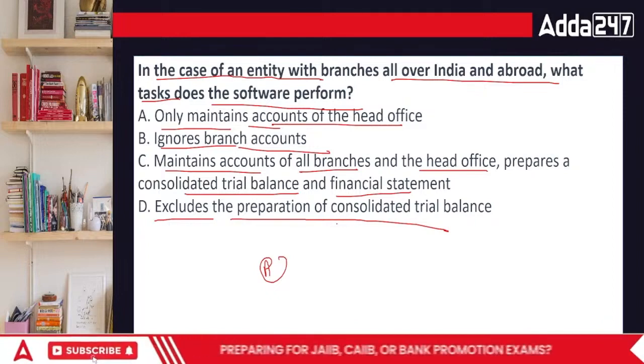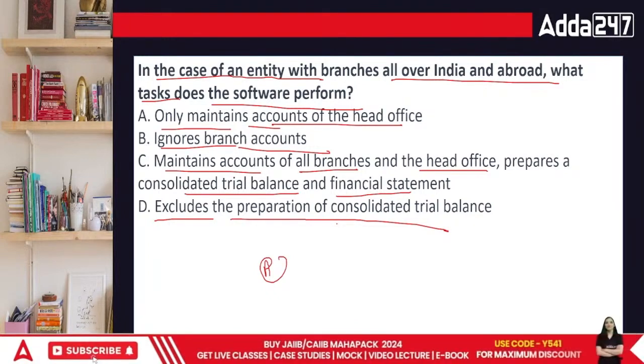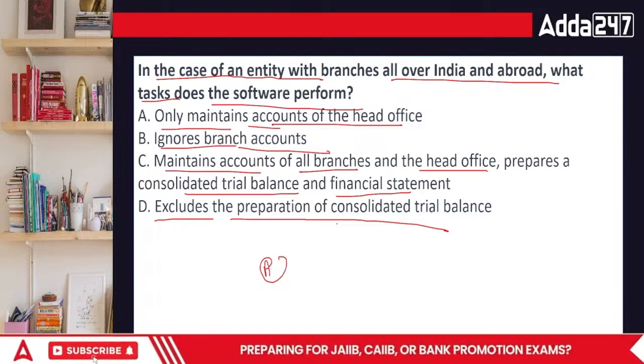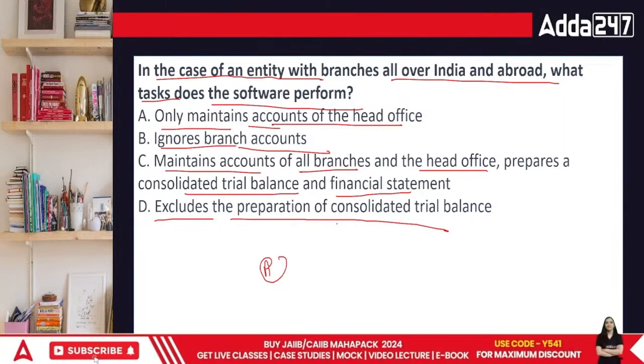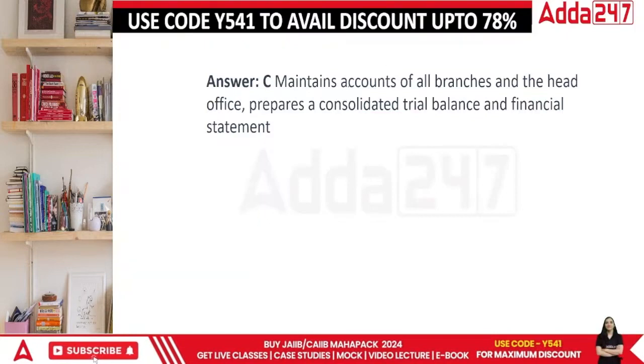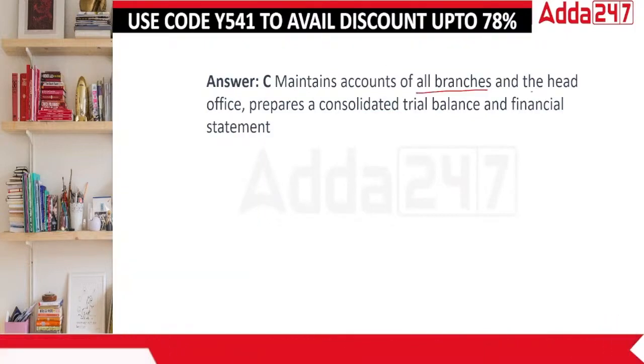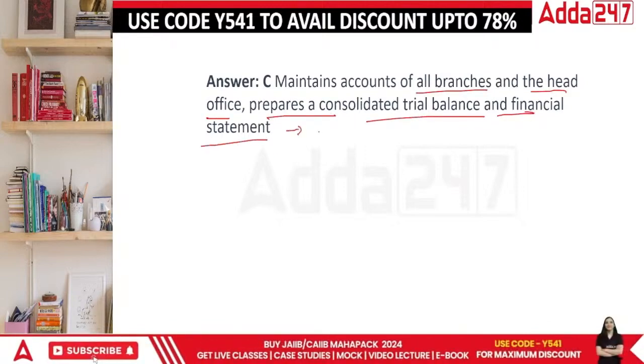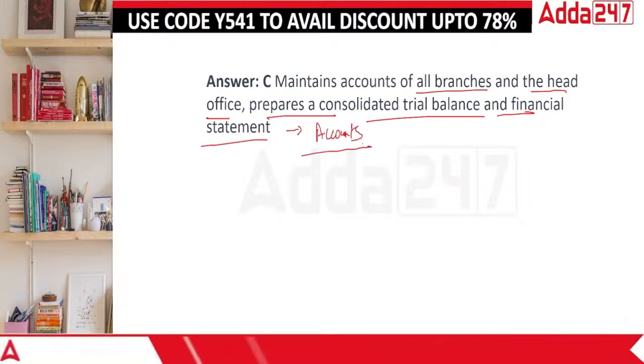It maintains accounts of all the branches and head office. It prepares a consolidated trial balance as well as financial statements. So the answer is that it maintains accounts of all branches and the head office and prepares a consolidated trial balance and financial statements. Overall, it is preparing all the books of accounts, isn't it?